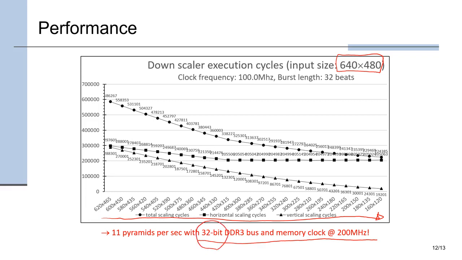So if we increase the memory bus by like 3 times at the same clock rate, then we would be able to produce more than 30 pyramids per second in real time.